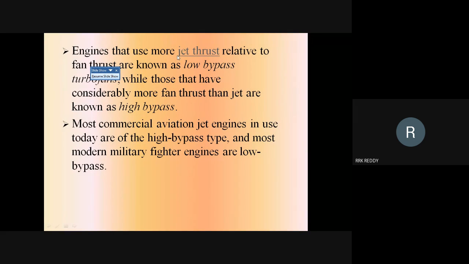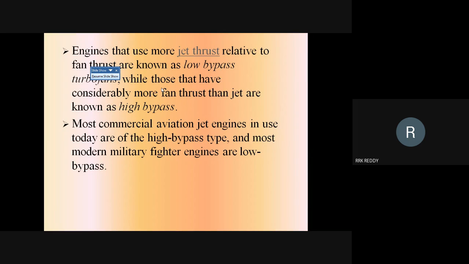That means primary air is more than the bypass air. Bypass air is low in quantity and primary air quantity is more. So those engines are called low bypass turbofans. And high bypass turbofans mean less air enters into the core engine and more air bypasses the core engine. So they are called high bypass turbofans.